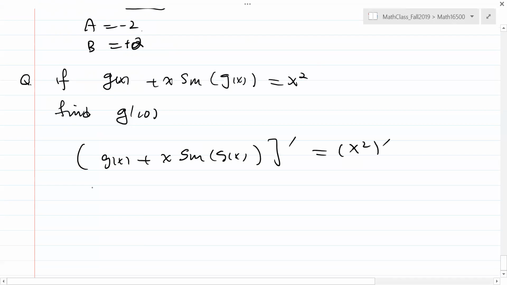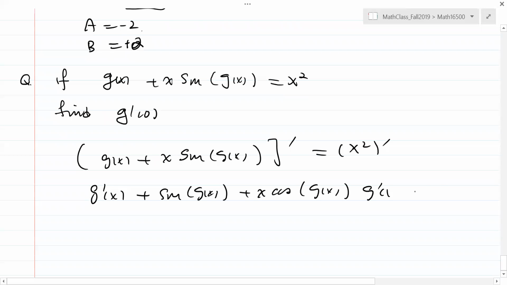So you get g prime x, and then the product, it's like implicit differentiation. And the derivative of x is just 1. And then x sine becomes cosine. Then don't forget you differentiate inside.